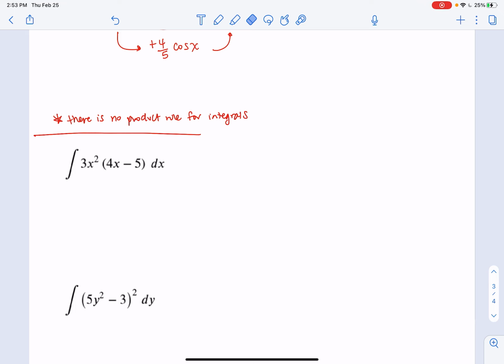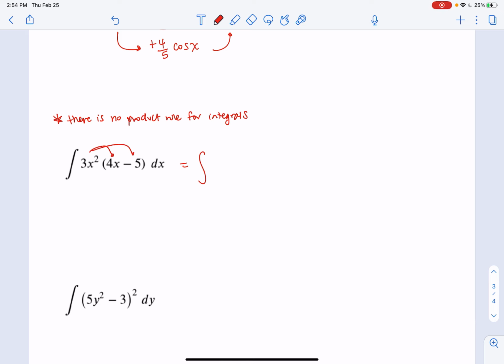There is no product rule for integrals. So the only way that we can integrate this is by multiplying it out and then using the power rule on our expanded expression. So we cannot, let me repeat, we cannot go straight into integration right now. We have to do some simplification first. So let's multiply it out.